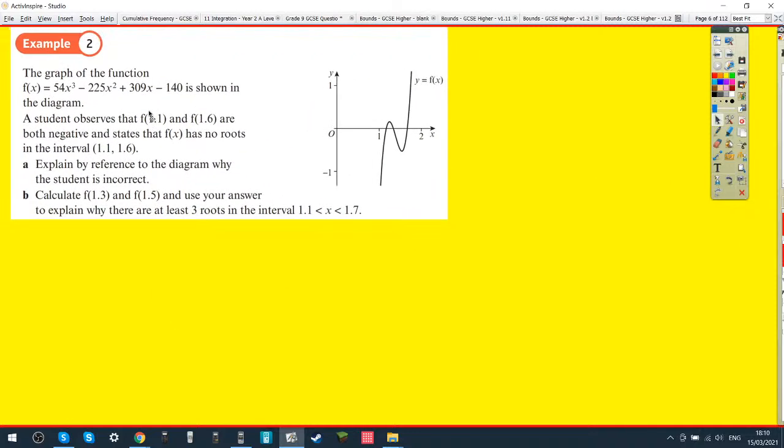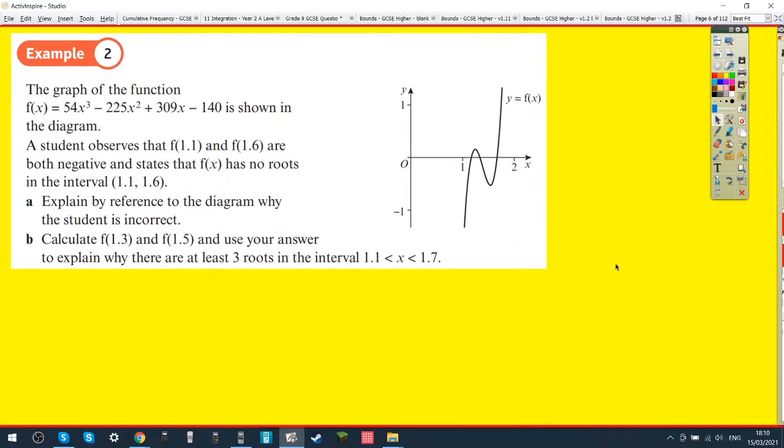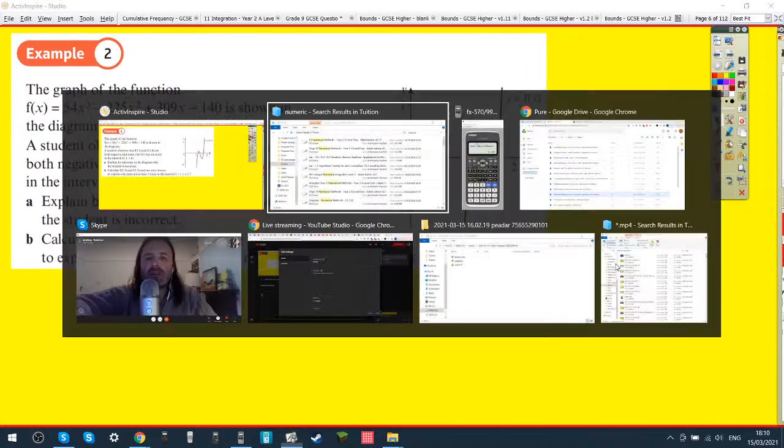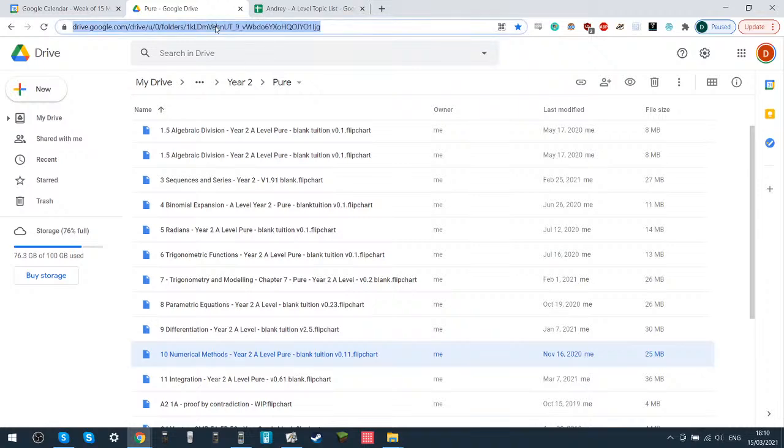Let's see how important any of that is. Okay, how about this? Hang on. I know what I did. I cut and paste it all into my GCSE one. This is algebra.